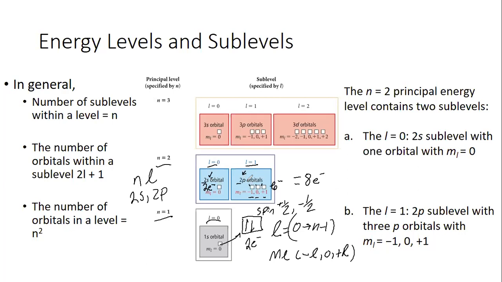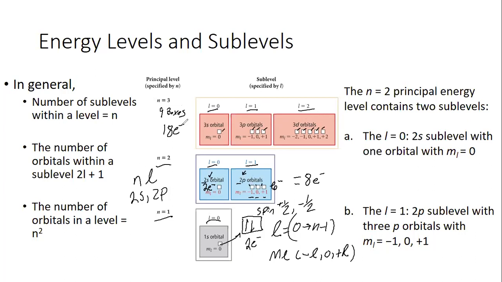So the last example here is n equals 3. We have 3 L values. And with 3 L values, we get 9 boxes. Every box gets 2 electrons. So at the third energy level, we can fit 18 electrons.